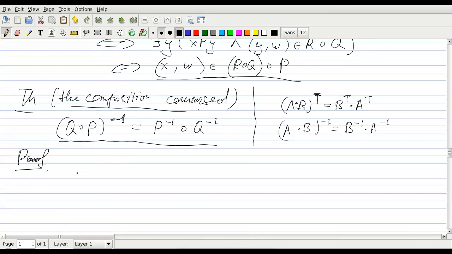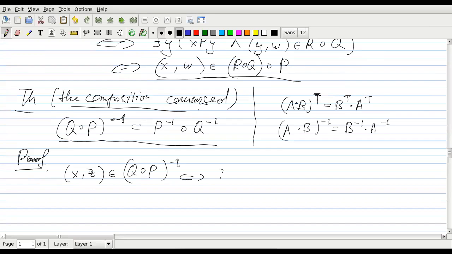Okay. And now let's prove it. We want to prove that these two sets have the same elements. What does it mean that X, Z is an element of this relation?